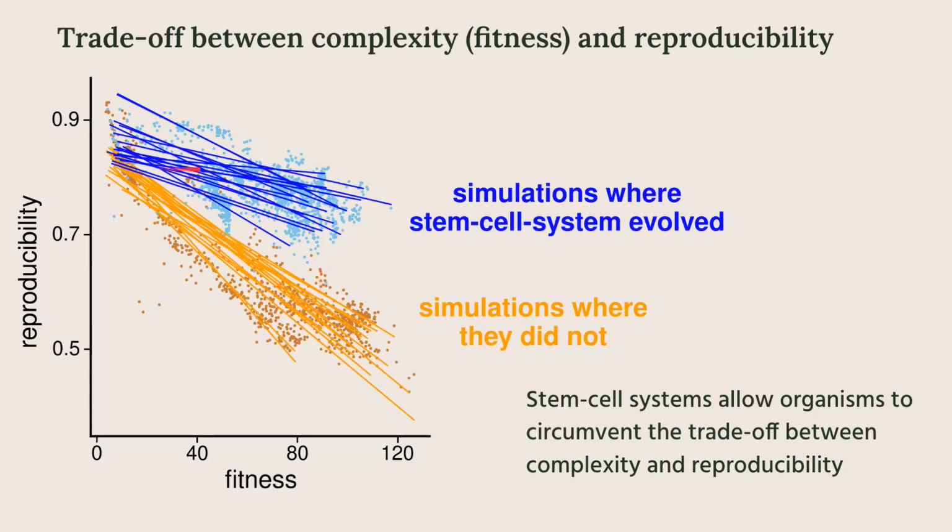And what I found is that this trade-off is much weaker in simulations where stem cell systems evolved compared to simulations where they did not. So stem cell systems allow organisms to circumvent the trade-off between complexity and reproducibility, because they can make a more complex structure from just one symmetry breaking event compared to organisms that do not have stem cell systems.